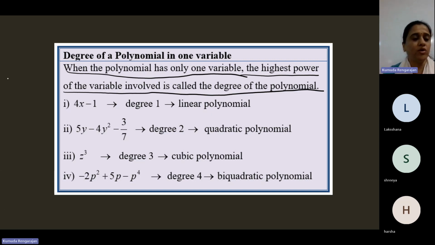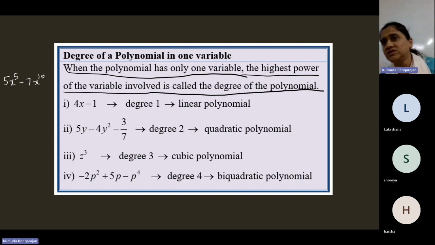Now consider the polynomial 5x to the power 5 minus 7x to the power 10. This example is an algebraic expression and is also a polynomial because the variable x in both the terms has a whole number as its power.